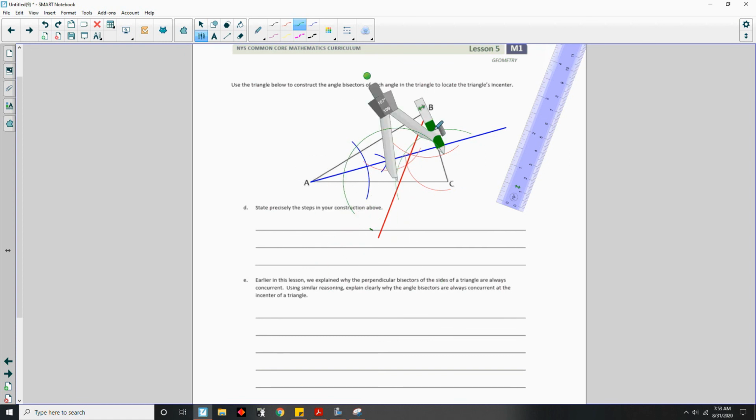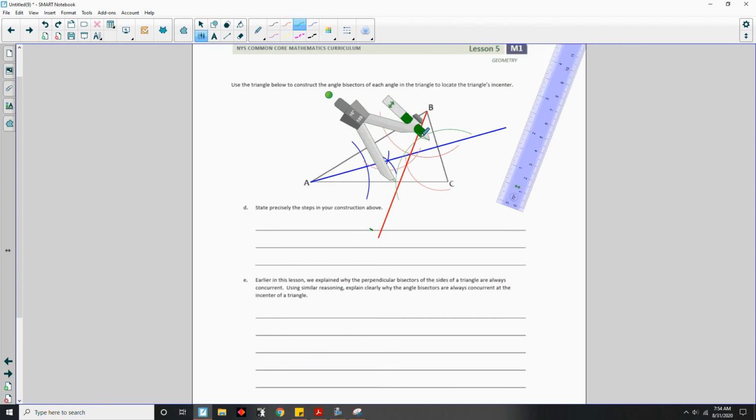So I'm going to draw an arc like so. So put your compass point on your intersection of your circle that you formed when you had the point centered at C, the vertex. All right, let's try this again.